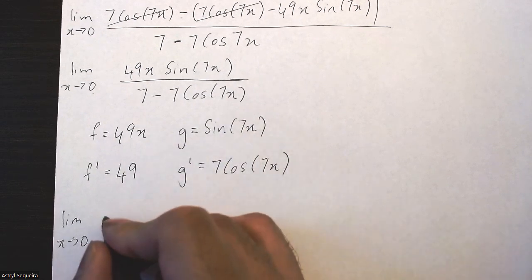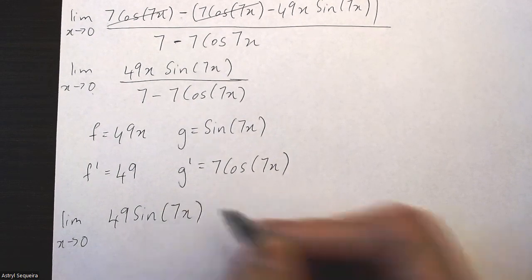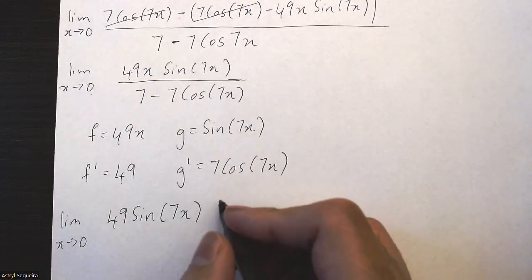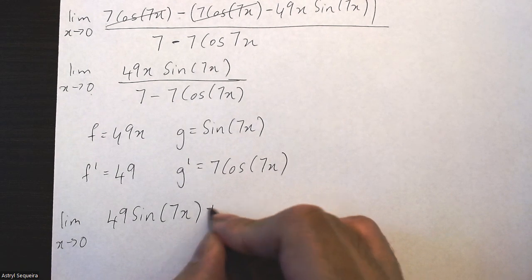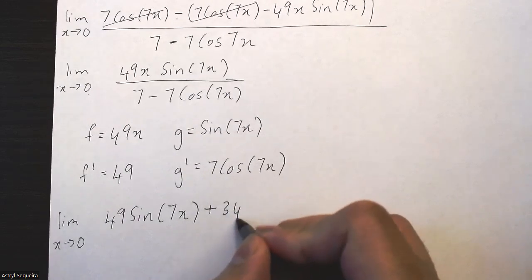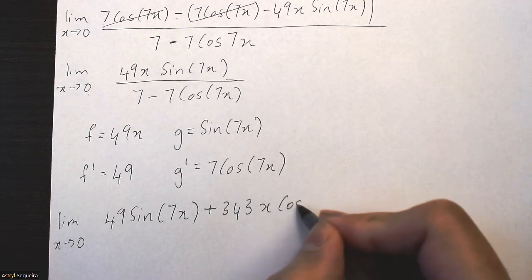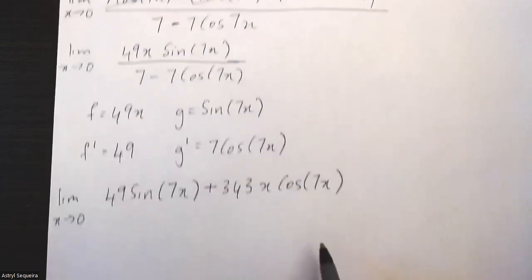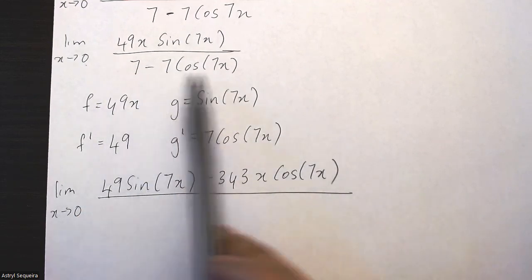F prime times g is just 49 times sine of 7x, plus g prime times f. So 7 times 49 is 343x cos 7x. And then if I derive the bottom, the derivative of 7 is 0.